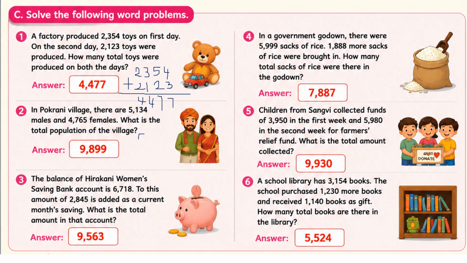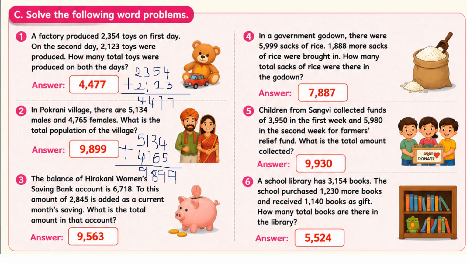So they have 5,134 males and 4,765 females. 5 plus 4, 5, 6, 7, 8, 9. 6 plus 3 again 9. 7 plus 1 is 8. And 5 plus 4 is again 9.